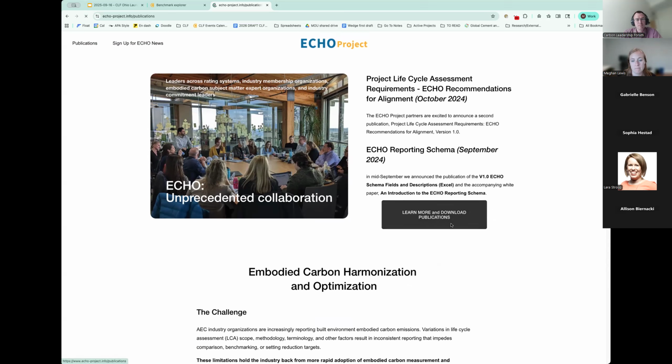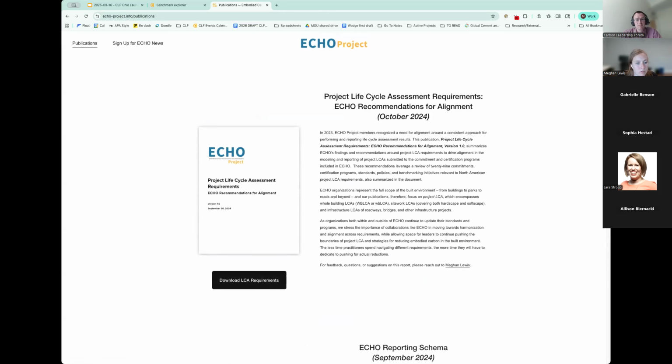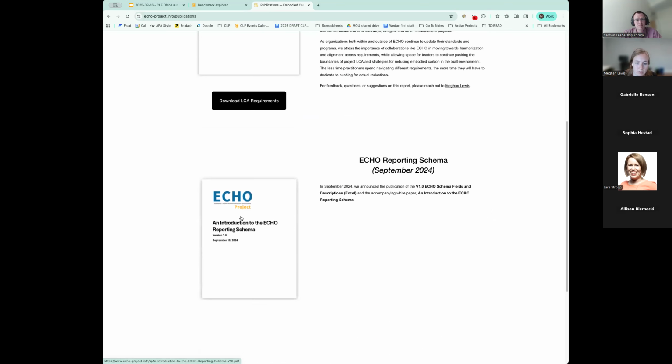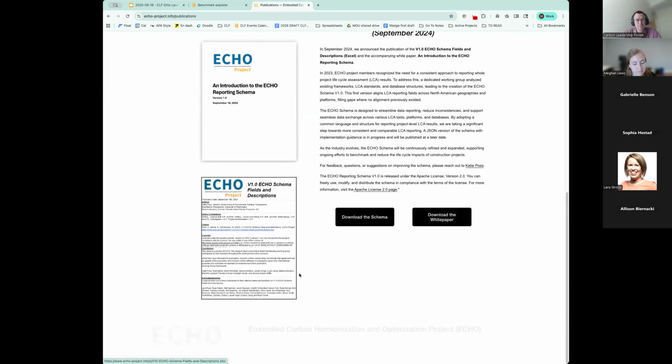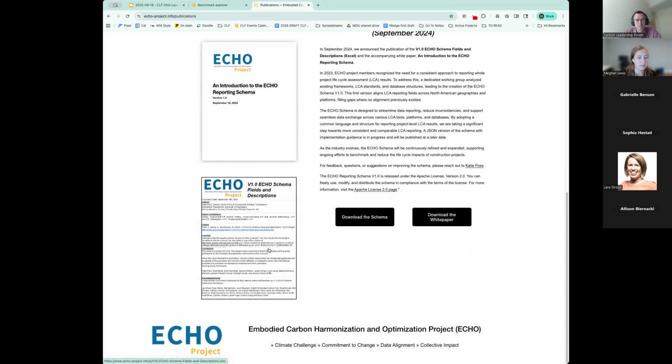So one of the first things that ECHO put together is this reporting schema, which is basically if you have a database using the same names in all the fields in the database, so that if SC 2050 and CLF both adopt this schema, which we are, then in the future, you'd be able to download both data sets and look at them together, where you'd be able to basically find the commonality between them and be able to compare those numbers.